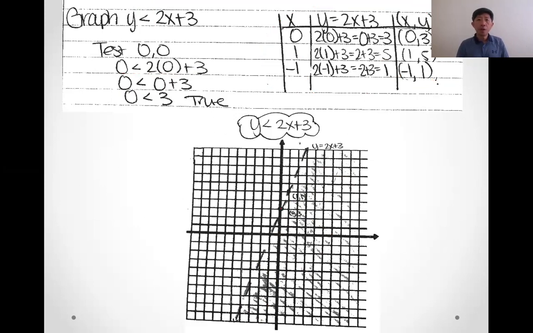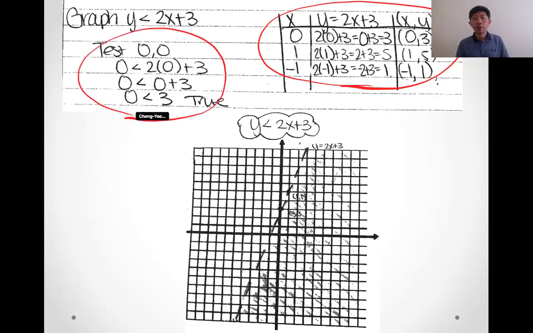Okay, let's review one more time. Number one, if we want to do the graphing, first of all, we find where the line is, like make a table. Number two, we do the test point, test 0, 0, and then we choose which region.